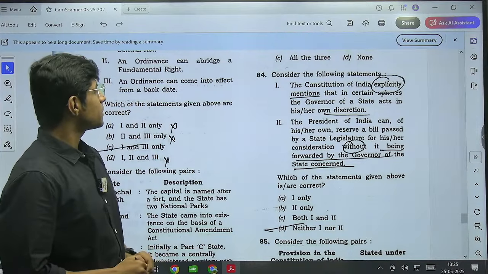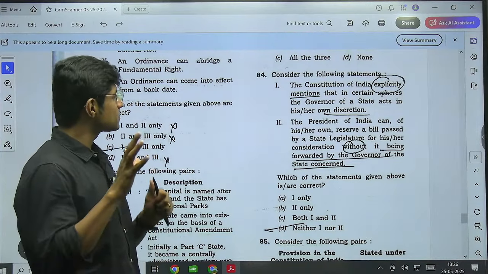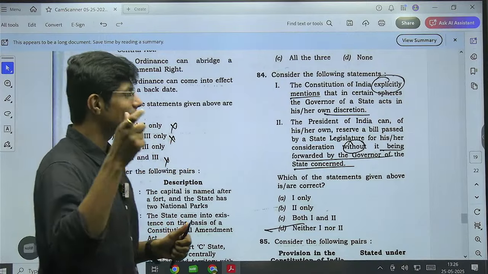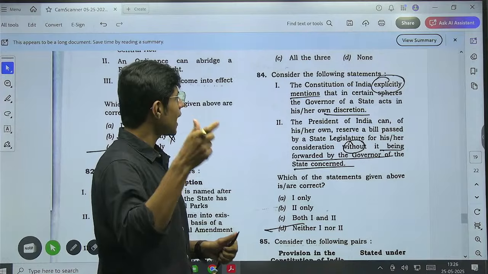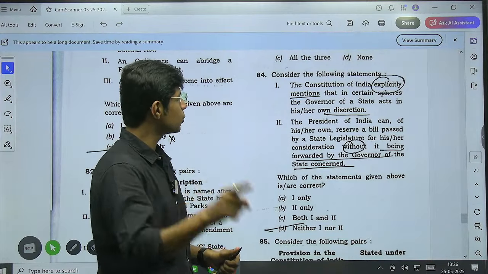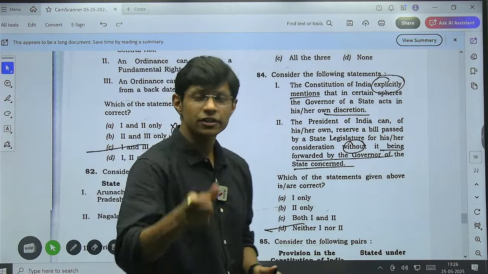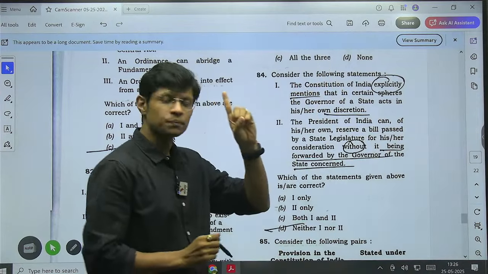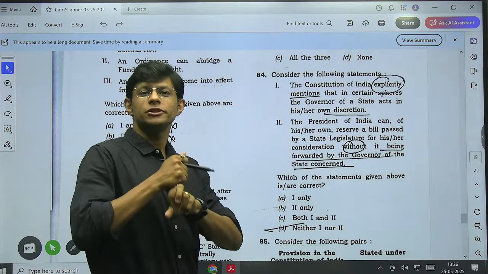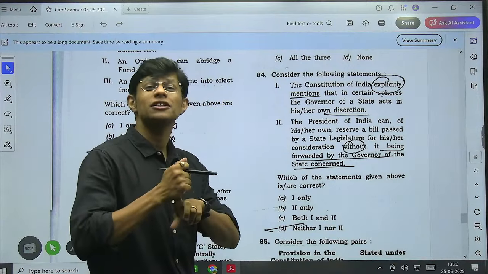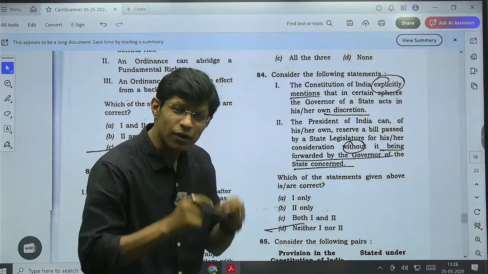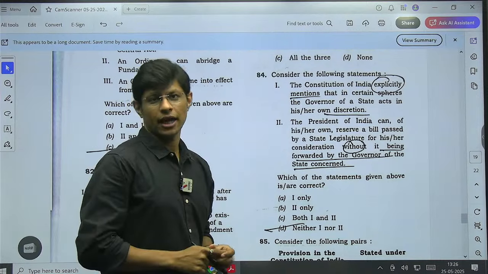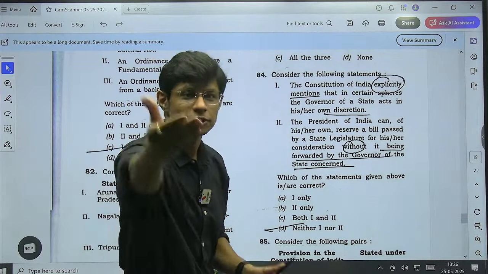Consider the following statements. The Constitution of India explicitly mentions that in certain spheres, the governor of a state acts in his or her own discretion. Yes, the governor has got some discretionary powers. Which discretionary powers? 1. When no political party is in a position to form the government, the governor can use his discretionary power and appoint a chief minister of a political party, and later on the political party has to prove the majority.